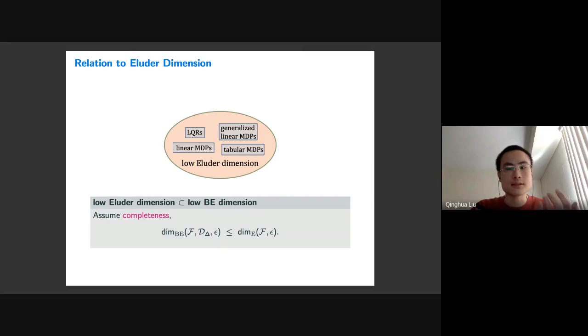So as long as we have completeness, the eluder dimension is always an upper bound for the BE dimension if we pick the distribution class to be D_delta, which includes all the point mass distributions. So this essentially says any problem that has low eluder dimension should also have low BE dimension.